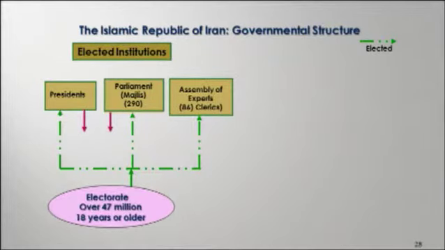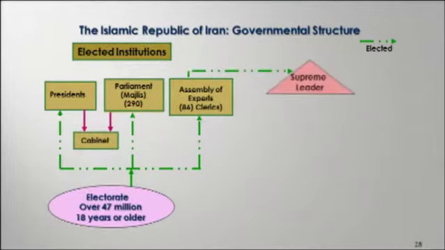Then comes the supreme leader, who is elected by the Assembly of Experts. The position where I have placed the leader is somewhere straddling the elected versus the non-elected institution, because his election is subject to all kinds of vetting and certain qualifications only by theologians.